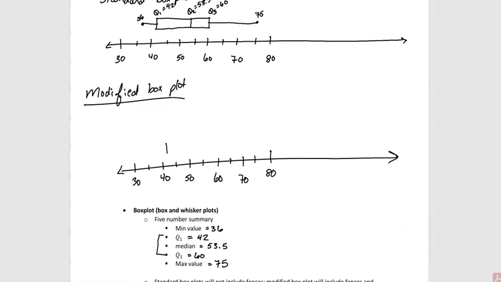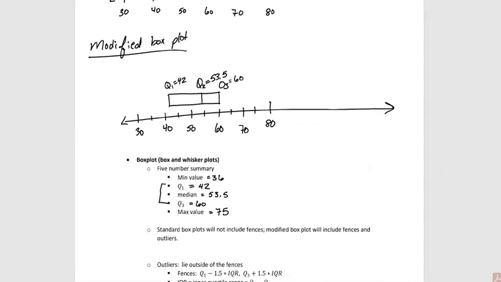It's still made up of the quartiles with the median represented by a line in the middle. So quartile 3 is still 53.5. Sorry, that's quartile 2. Quartile 3 is 60, and quartile 1 is 42.